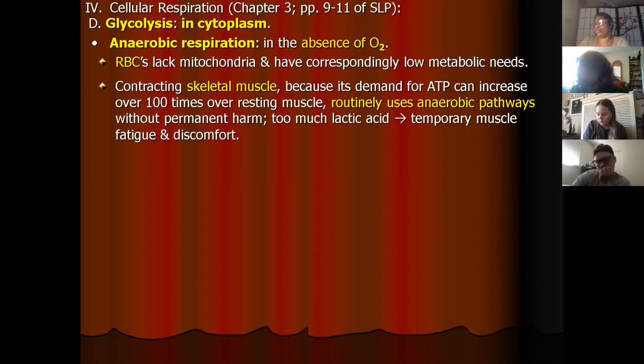Well, skeletal muscle cells are just laughing at that, because when they go from rest to working, skeletal muscle can increase their demand 100-fold, and if you're in good shape, over 100-fold. So skeletal muscle is in a league by itself, and that's why they will do anaerobic respiration routinely.